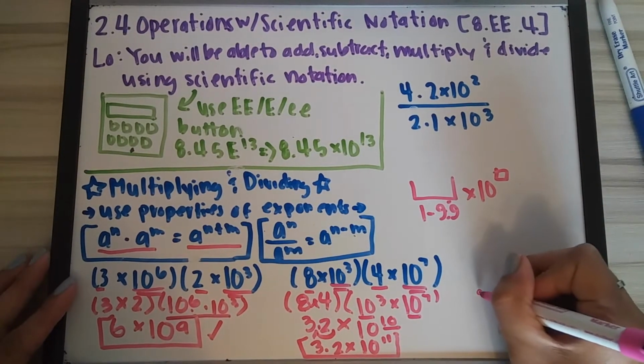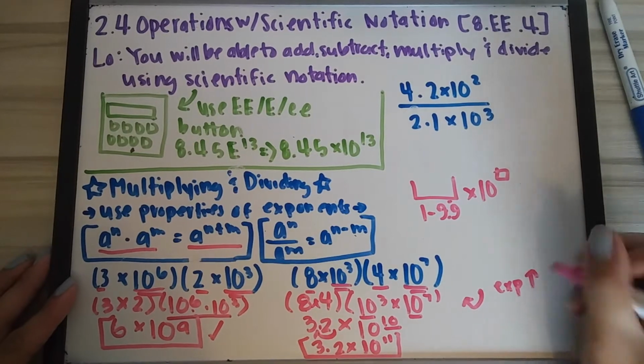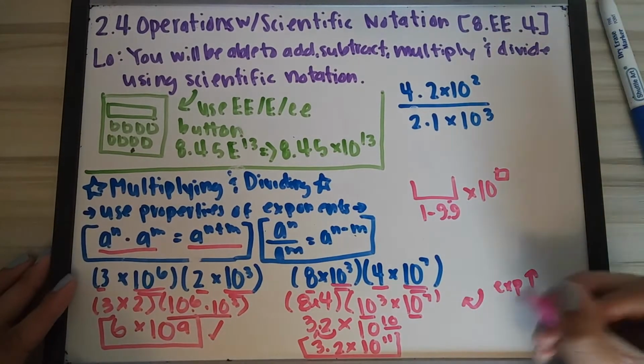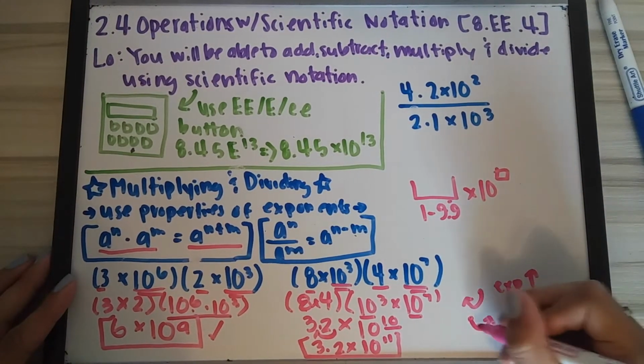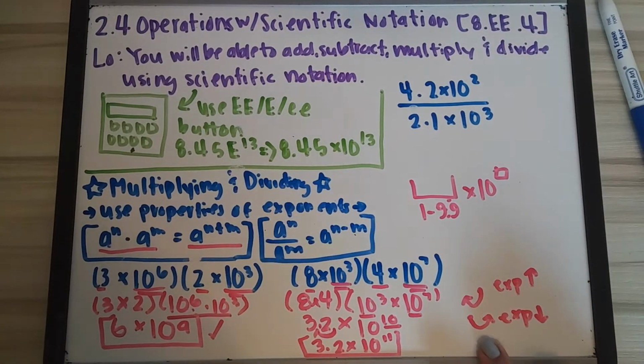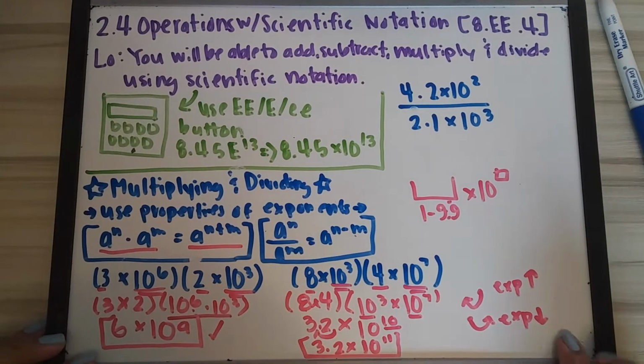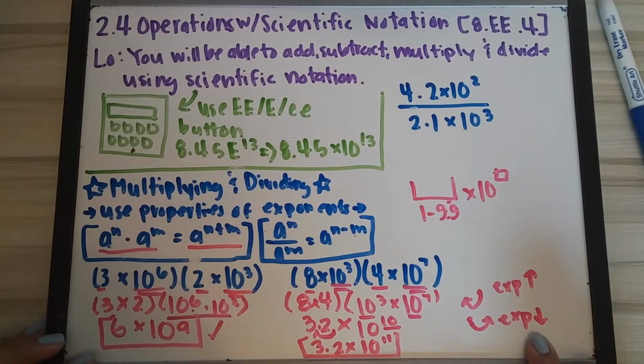If you move your decimal to the left, your exponent is going to go up however many places you move it. If you move it to the right, that means you made it bigger, so your exponent is going to go down, because you're balancing it. You're multiplying by 10 here, so you have to divide by 10, so we're taking one power out. That's what we have to do for this one.